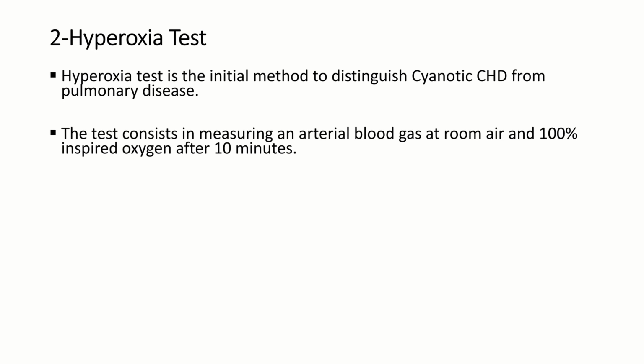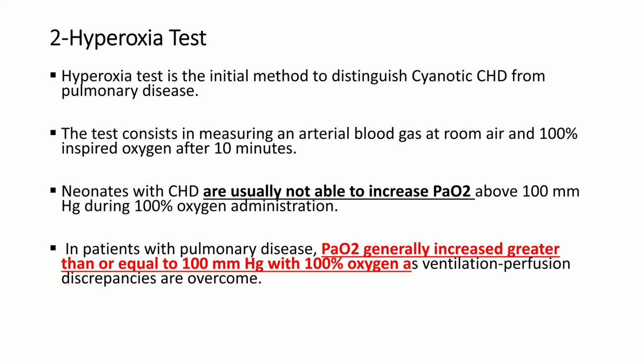It measures the arterial blood gases at room air as a first step, and then we give 100% oxygen for 10 to 20 minutes. If the patient has an increase in oxygen saturation after giving the oxygen, it means that this is a chest condition.